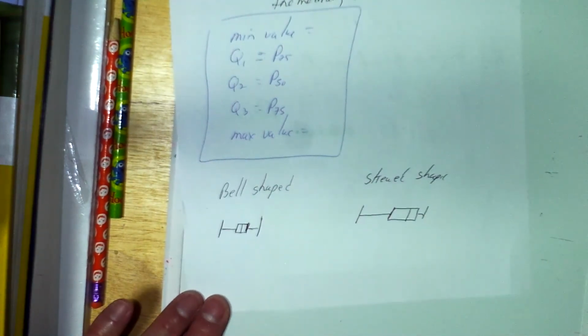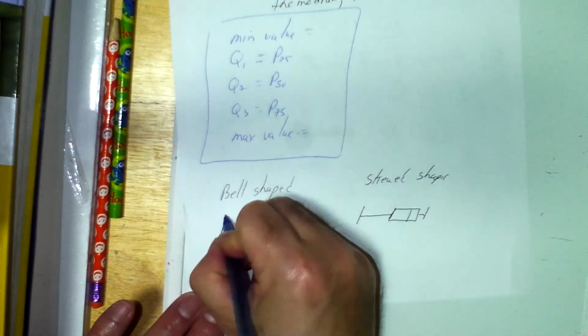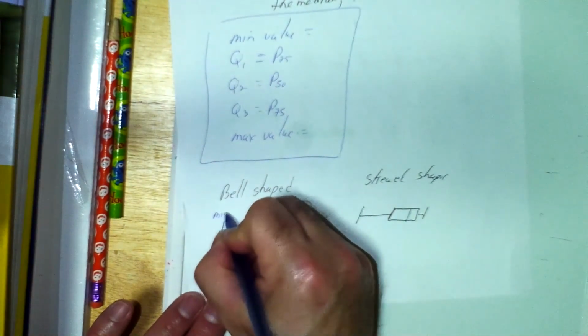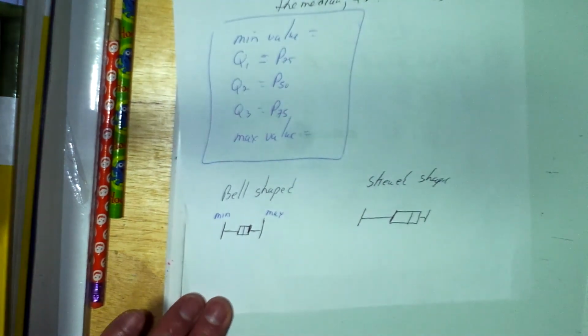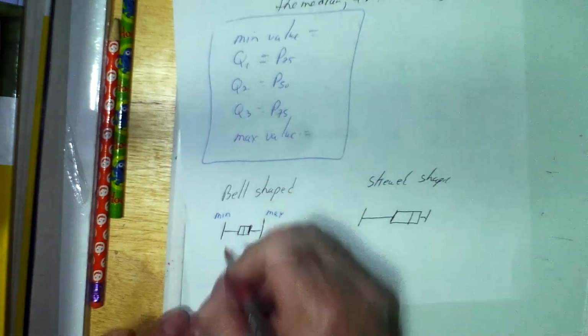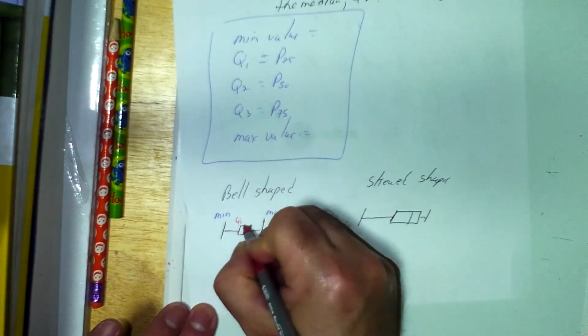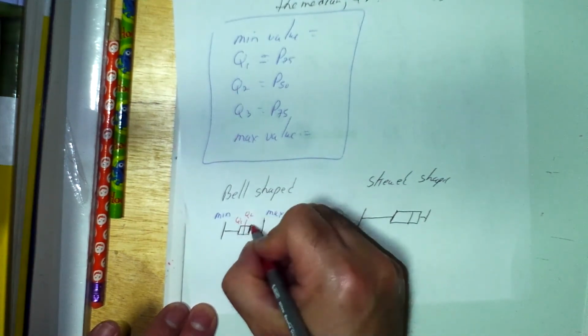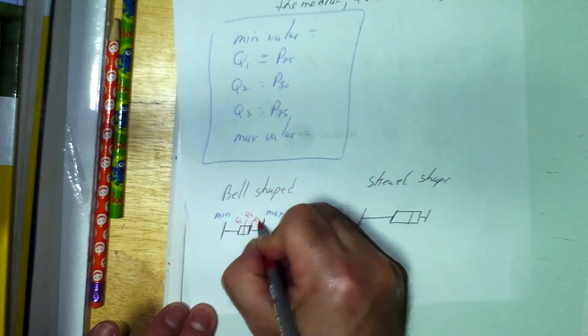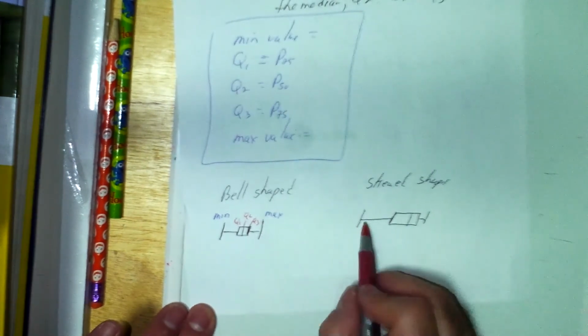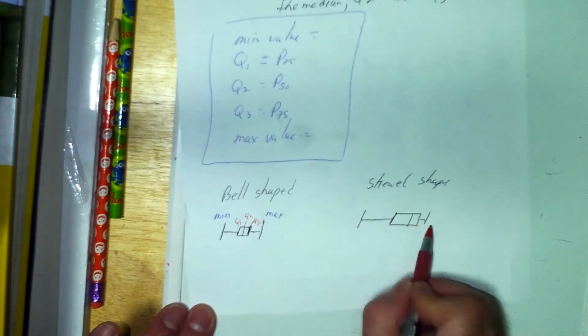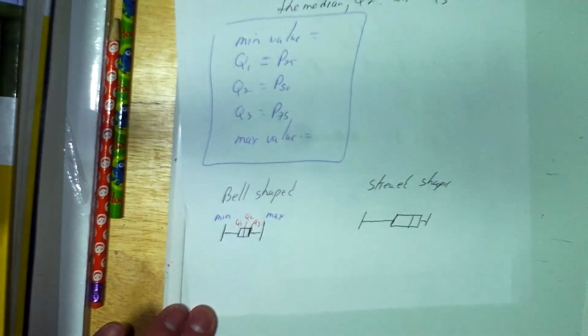So this line is the minimum. This is the max, this other line at the end. And this is your Q1, this is your Q2, and this is your Q3. There's 5 little lines.